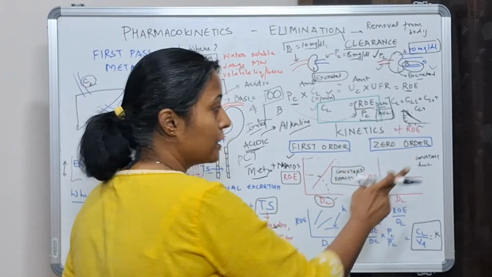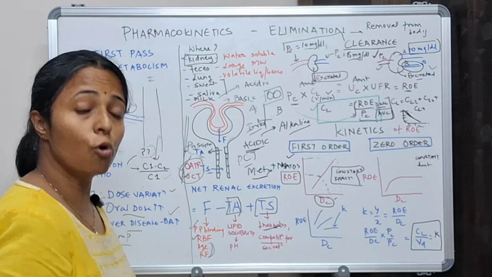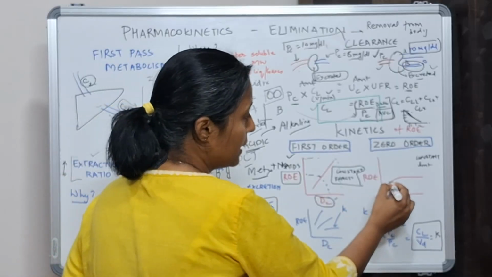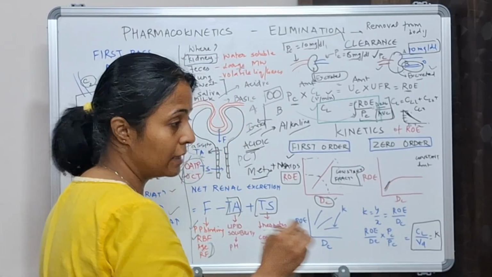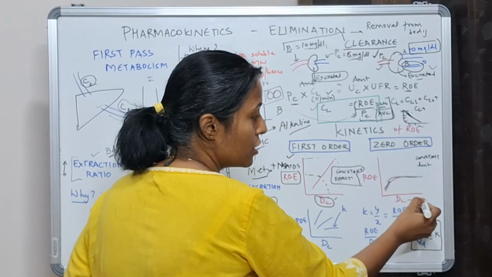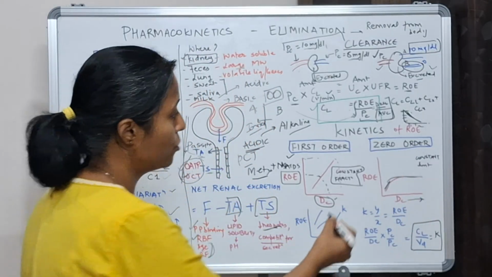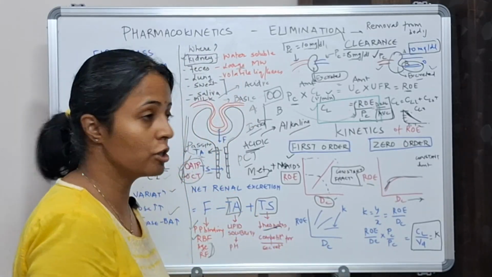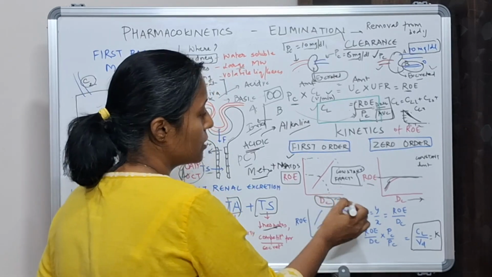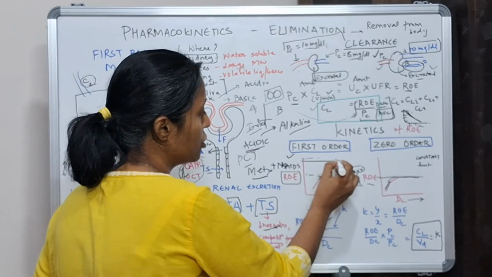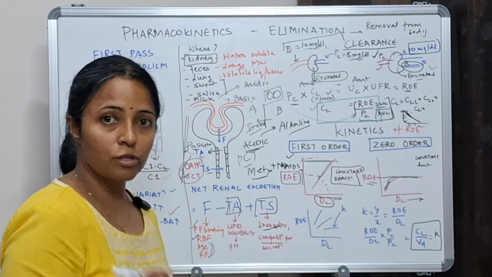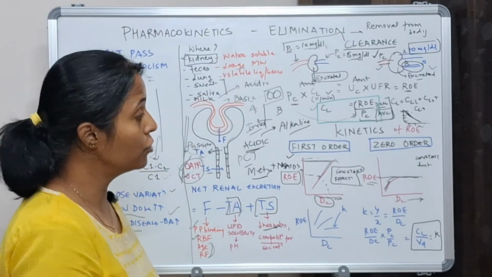In zero order kinetics, or the saturation kinetics or the capacity limited kinetics, what happens? Till a certain time there is an increase, but after that there is saturation. That means even though drug concentration is increasing, rate of elimination is not changing. It is constant. Here you see, as drug concentration is increasing, rate of elimination is also increasing. Here, rate of elimination is constant even with increase in the drug concentration.